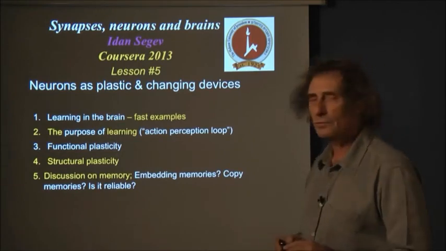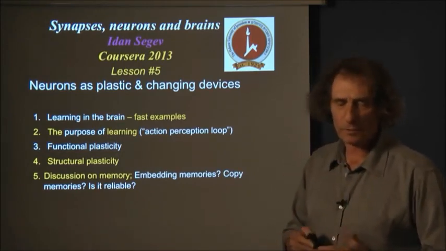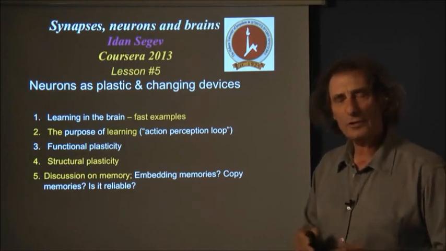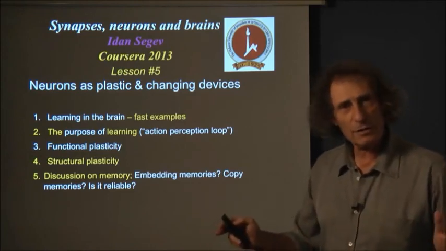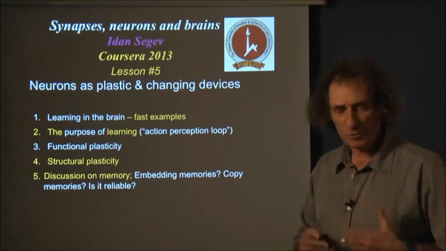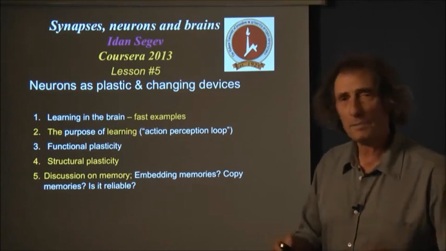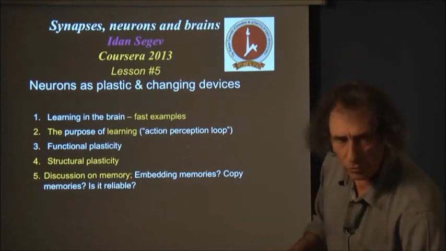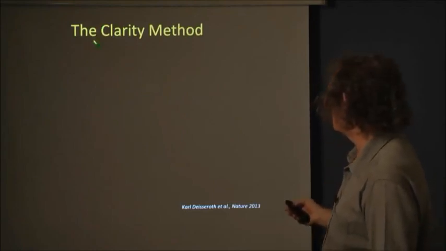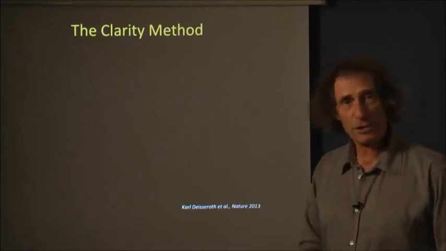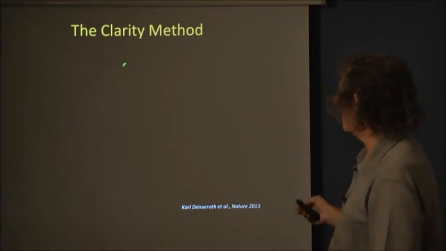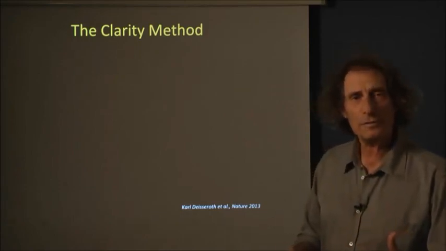But before going into the memory aspect of the brain, I would like to show you something that happened last week. My role is also to introduce to you fascinating aspects of the brain. So I want to show you a new technology that was just published last week in Nature. The technology is called the Clarity method.